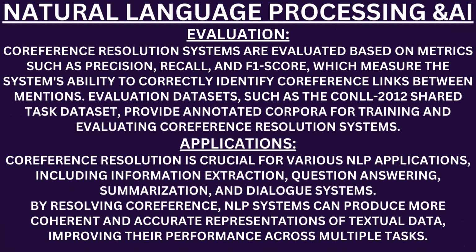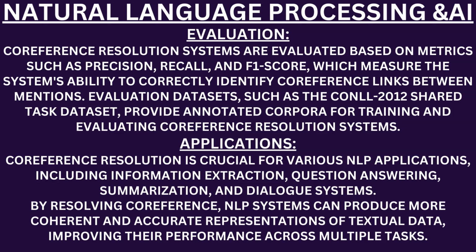Co-reference resolution systems are evaluated based on metrics such as precision, recall, and F1 score, which measure the system's ability to correctly identify co-reference links between mentions. Evaluation datasets such as the CoNLL 2012 shared task dataset provide annotated corpora for training and evaluating co-reference resolution systems.